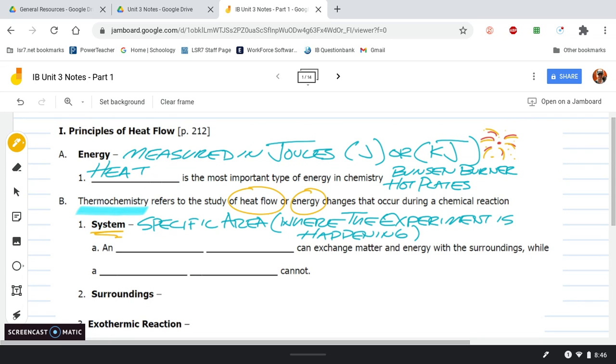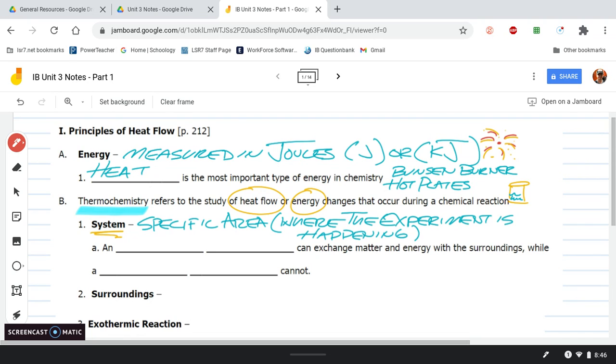If you're wanting to talk about maybe a medical trial, the system might be the human body. In this class, we keep the system contained. So that might be a beaker, that might be a calorimeter, something like that. A lot of times that's where we're doing our experiments, but it really can be anything.